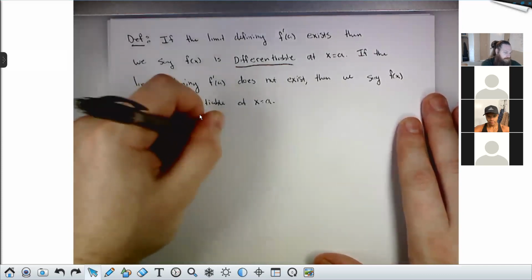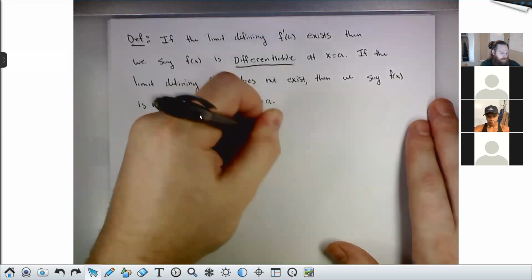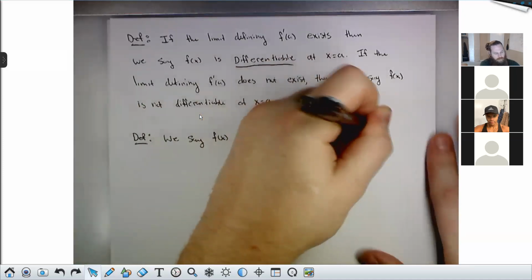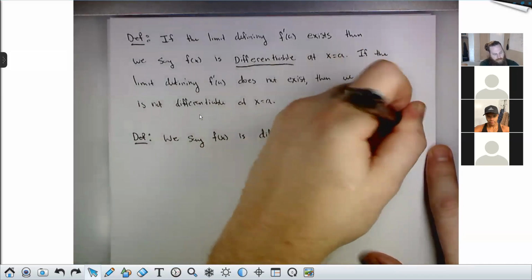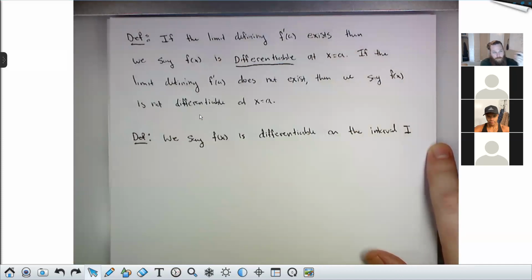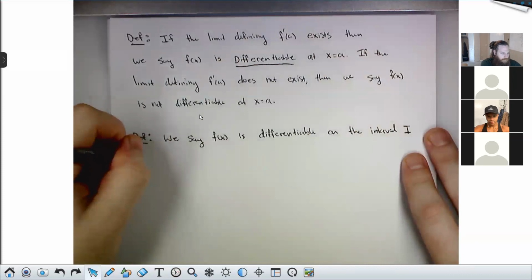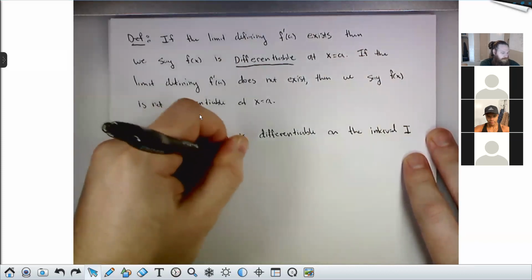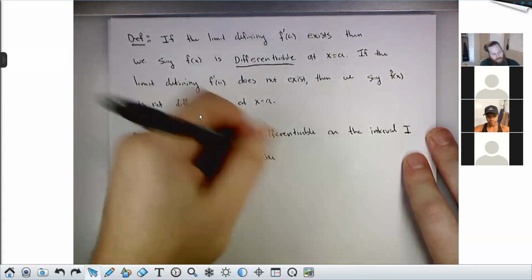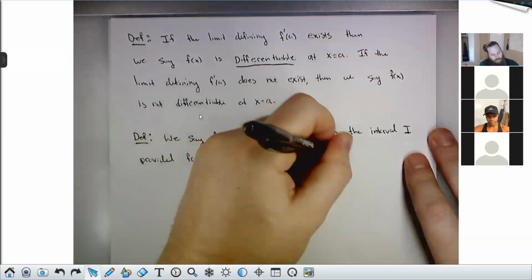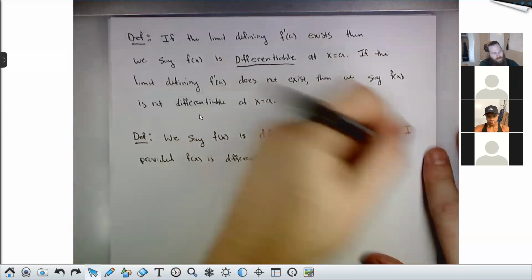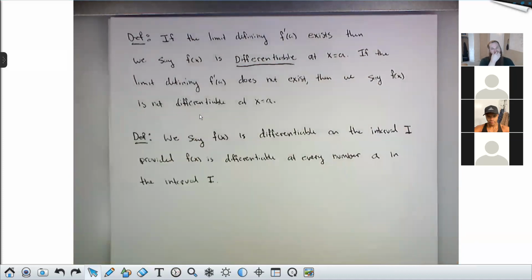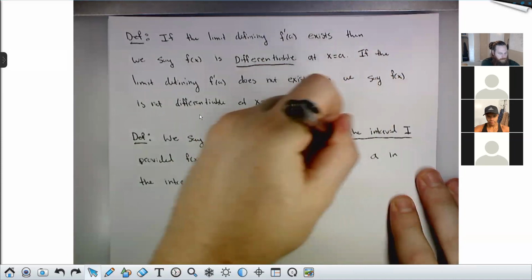We say f of x is differentiable on the interval capital I, where I is whatever interval you want, interval a, b, closed, open, whatever, provided f of x is differentiable at every number a in the interval I. So here what we're defining is differentiability on an interval.